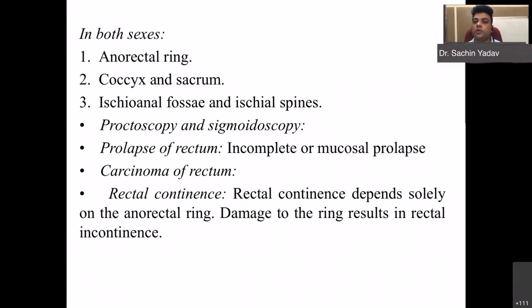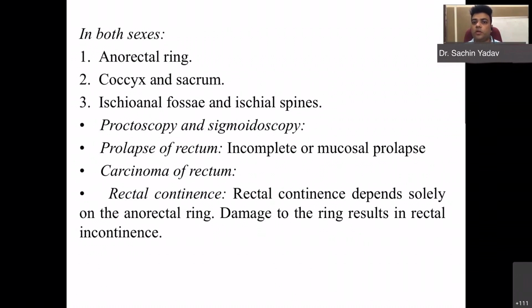So it helps to manage the delivery of the baby, whether a normal delivery can be taken, or it will require surgical delivery, that is cesarean section.